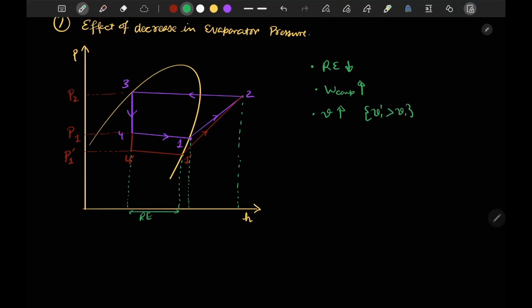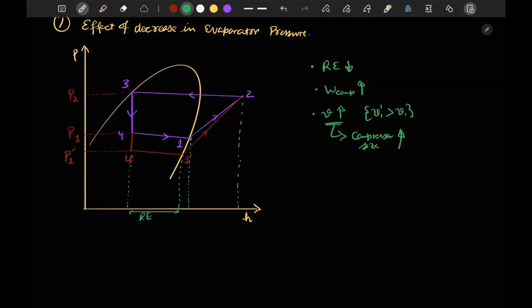I hope you get this point. Since the specific volume increases, we have to increase the compressor size, because we have to keep the mass flow rate the same. To keep the same mass flow rate, if the specific volume is more, we get more volume, and so the compressor size should be increased to accommodate the volume.